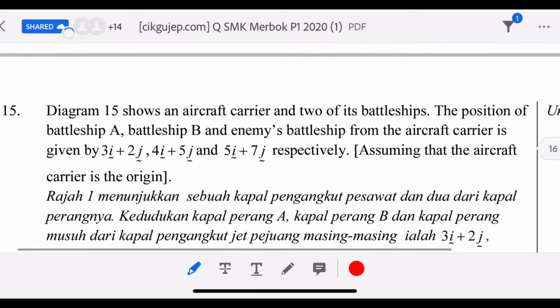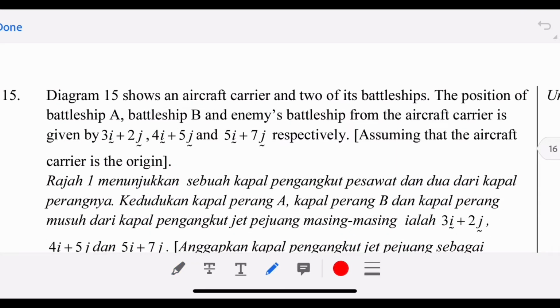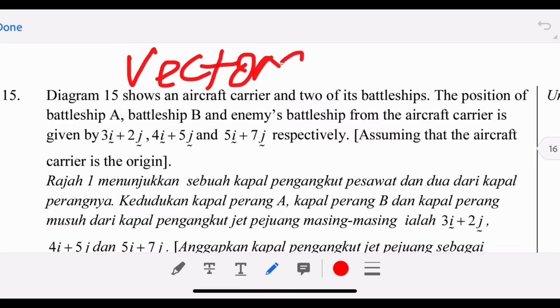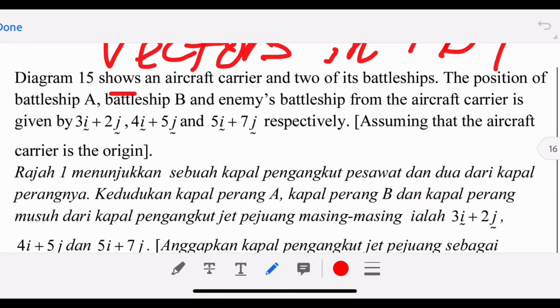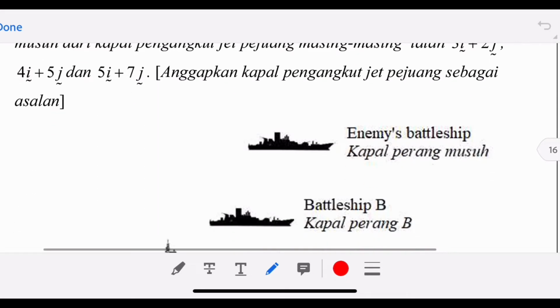Now let's have a look at what the question wants. The question gave the vectors for point A, point B, and the enemy's battleship, right? So now you see we have the vectors: for point A it is 3i plus 2j, then 4i plus 5j, and 5i plus 7j.